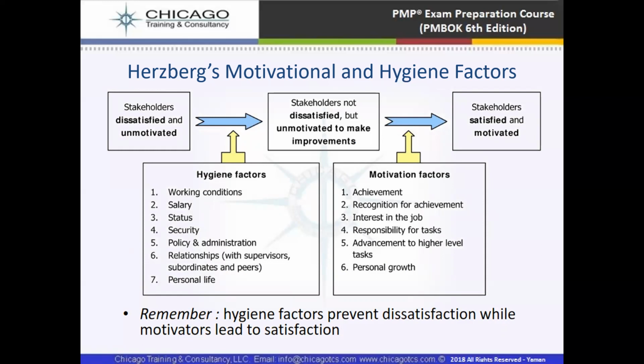And then we have stakeholders who are not dissatisfied but unmotivated to make improvements. And then we have stakeholders satisfied and motivated, with motivation factors like achievement, recognition for achievement, interest in the job, responsibility for tasks, advancement to higher level tasks, and personal growth. Hygiene factors prevent dissatisfaction while motivators lead to satisfaction.